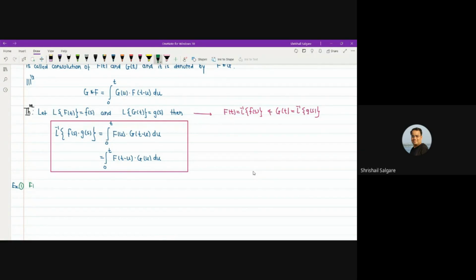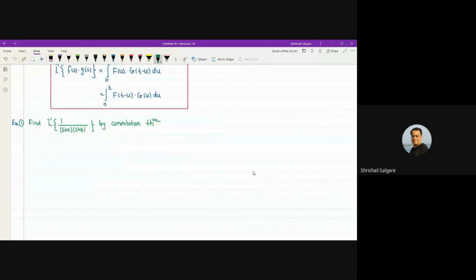So the first example: find the inverse Laplace transform of 1 upon s plus a into s plus b by convolution theorem. The same example you can find by using partial fractions also. Here I will consider 1 upon s plus a as the first function and 1 upon s plus b as the second function.